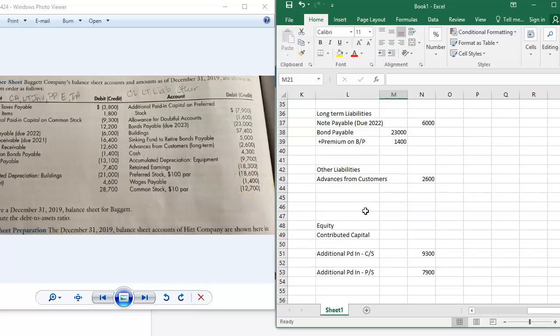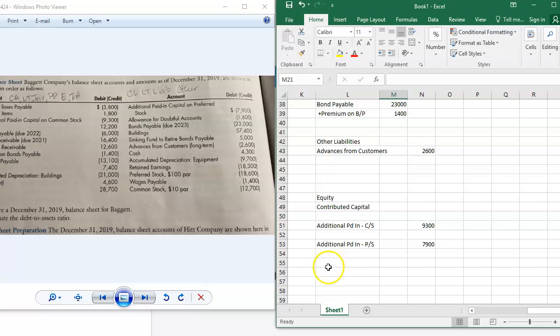Retained earnings is 18,300. That comes down here under equity. $18,300.